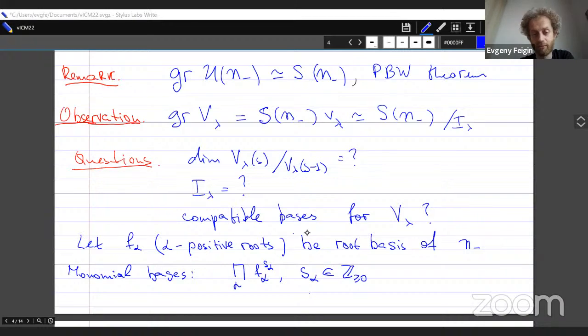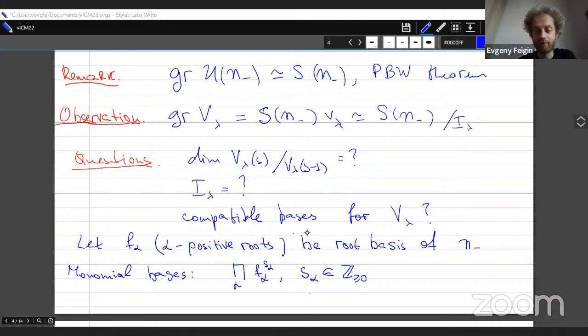What I mean by a compatible basis is, we take the positive roots F alpha of n minus. So alpha are all positive roots and F alpha form a basis of n minus. And then we consider monomial bases.